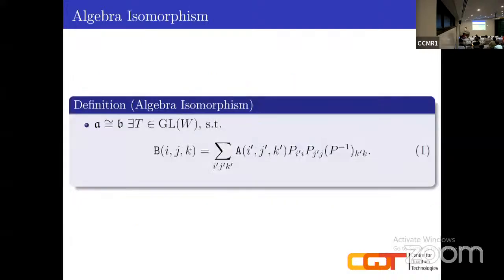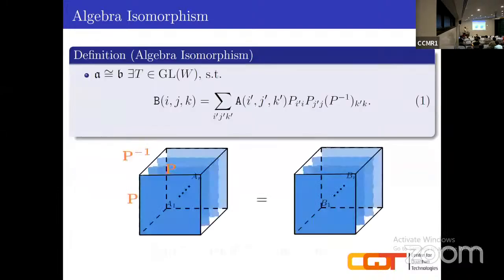Now we can have our definition for algebra isomorphism. Since an algebra can be encoded by a 3-tensor, we say that these two algebras are isomorphic if there exists a general linear matrix P, such that it will act on the tensor A and send it to B. If you visualize it, it will be like that.